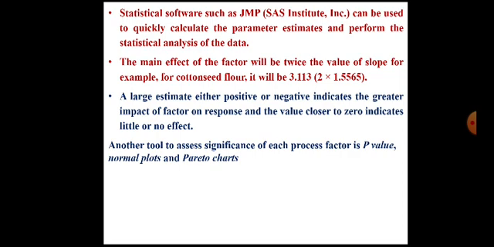So in all, these are the 4 methods of analysis: determination of parameter estimate, determination of p value, plotting of normal plots, and preparation of Pareto charts. We can use any of these methods for the calculation of impact generated by each factor.